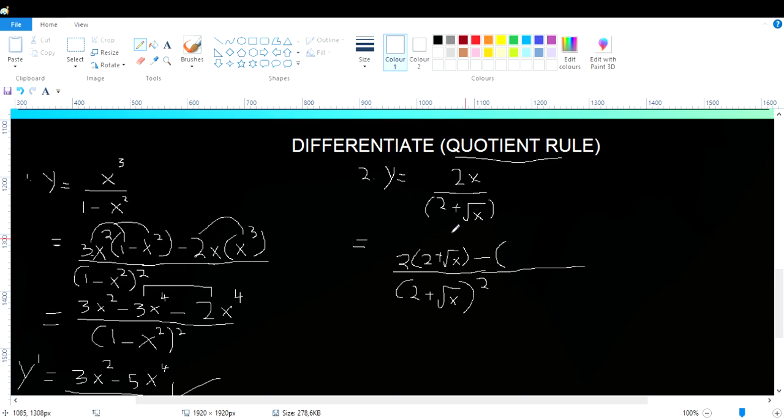The derivative of a constant is equals to 0. The derivative of root x is equals to half x to the power minus 1 over 2, then multiply by this function, which is 2x.